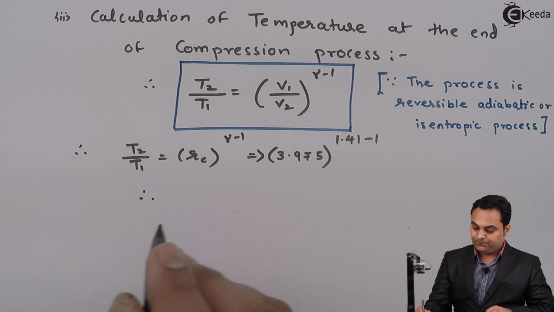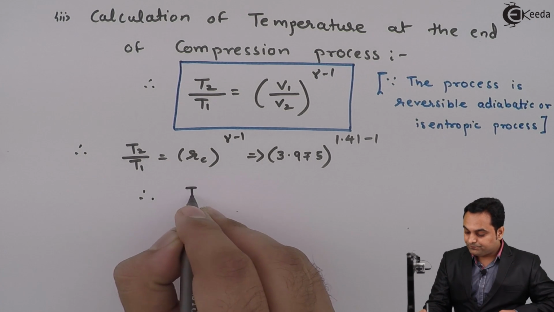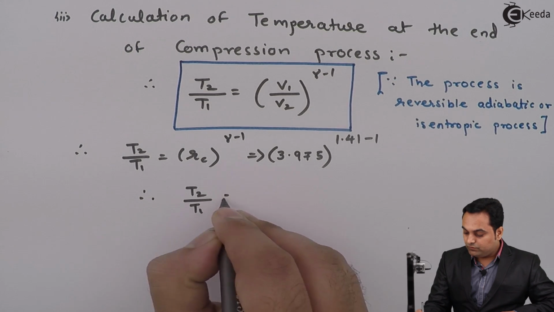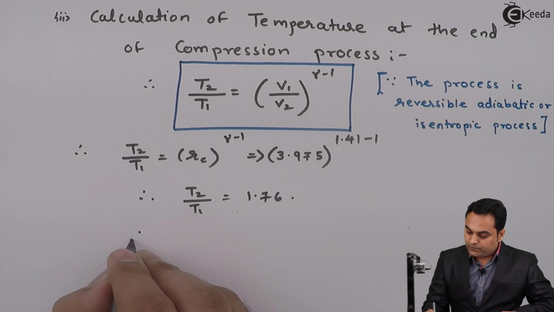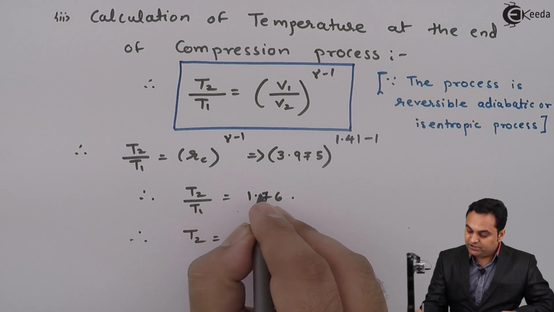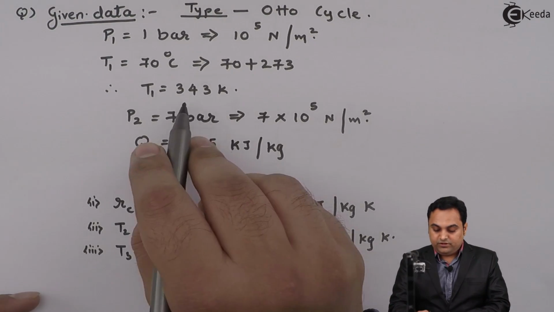So here I get T2 by T1 is equal to 1.76. T1 I'll send to the other side, and the value of T1 is 343.